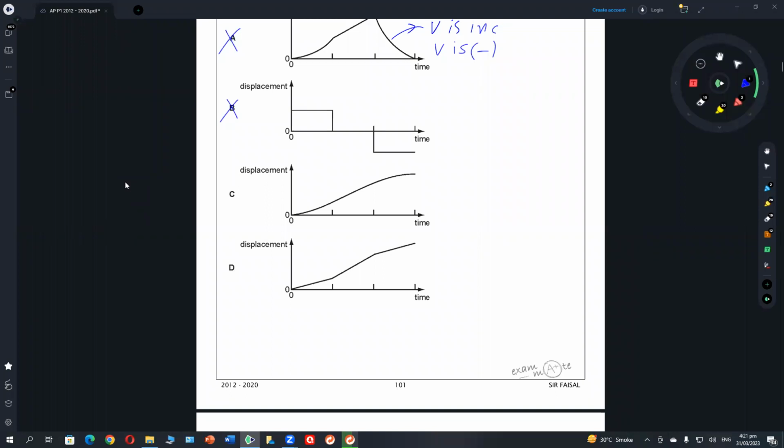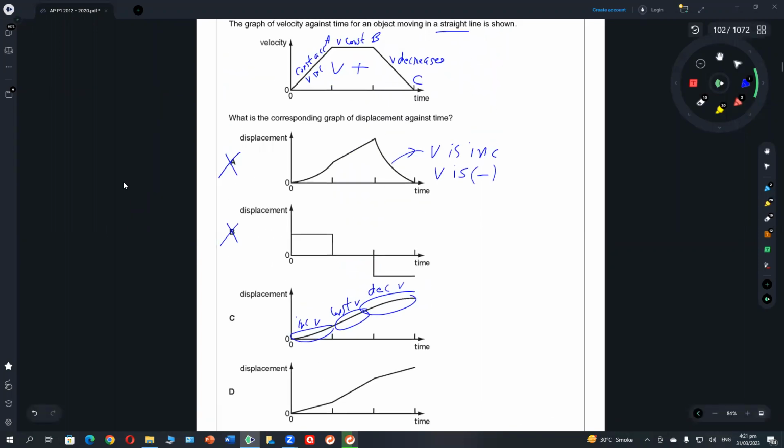Let's analyze C. The first part shows increasing gradient. It shows constant gradient and it shows decreasing gradient. So this shows increasing velocity, this shows constant velocity and this shows decreasing velocity. Now, what's your opinion on C?